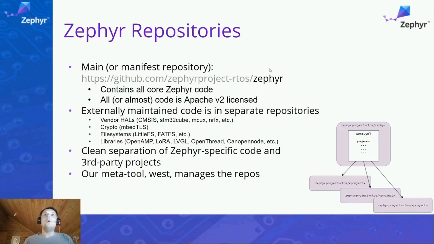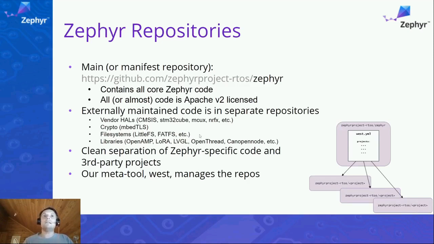It contains all of the core Zephyr code, all of the code that has been written exclusively for Zephyr, that doesn't come from third parties, that was contributed with the idea of being part of Zephyr from its conception. All of it, or almost all of it, we still have some stragglers in there, but most of it is covered by an Apache v2 license.